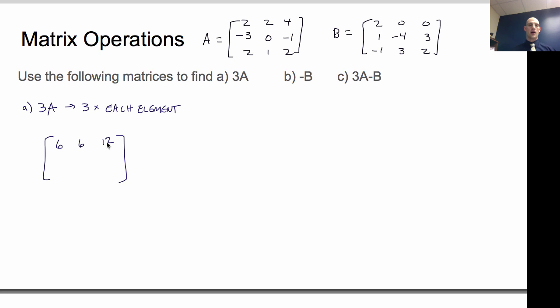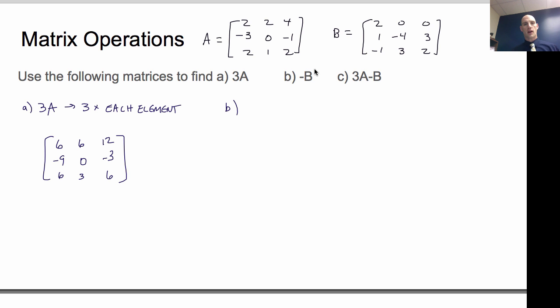I'm going to multiply negative 3 by 3, which is negative 9. 0 by 3, which is 0. 3 by negative 1, which is negative 3. 3 by 2, which is 6. 3 by 1, which is 3. 3 by 2, which is 6. Okay, that's all there is to it. You multiply each element by 3.